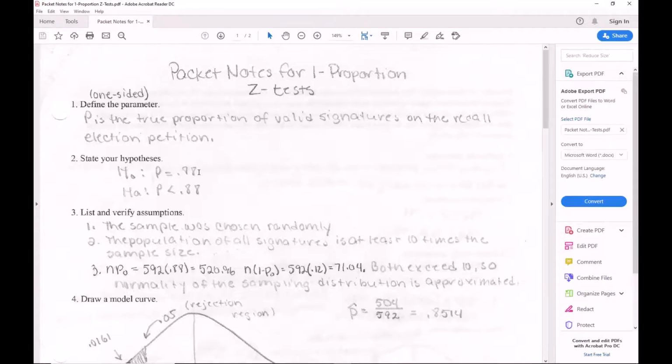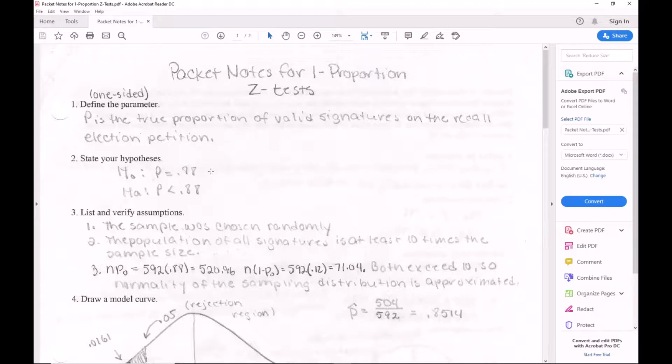Not greater than or equal to, because you cannot put an inequality in the null hypothesis. But what I can say is that 0.88 is the smallest or the lowest possible value where the recall election can go forward. Anything less, HA is that p is less than 0.88, will stop the recall election.